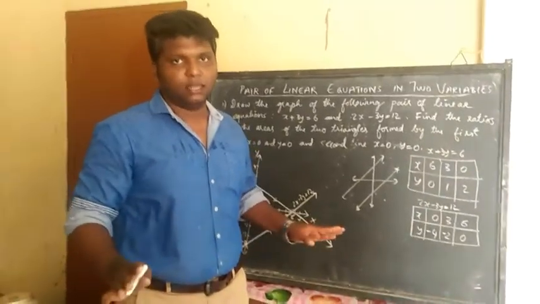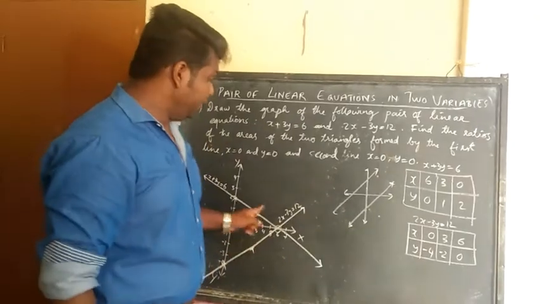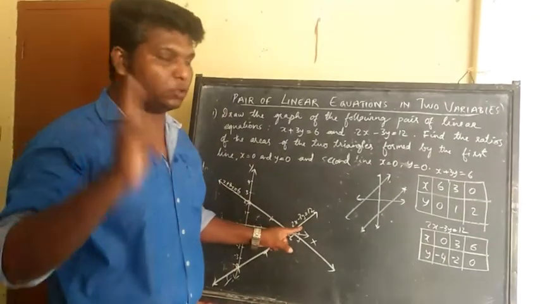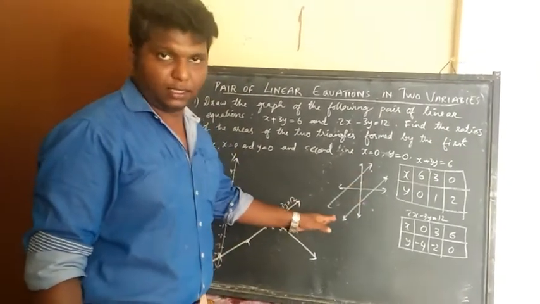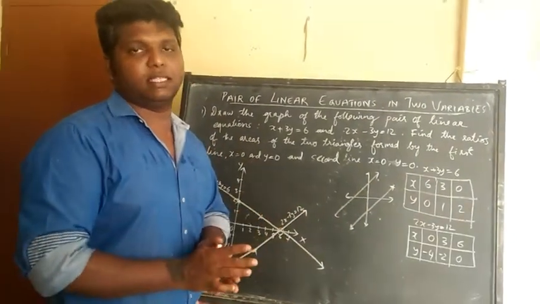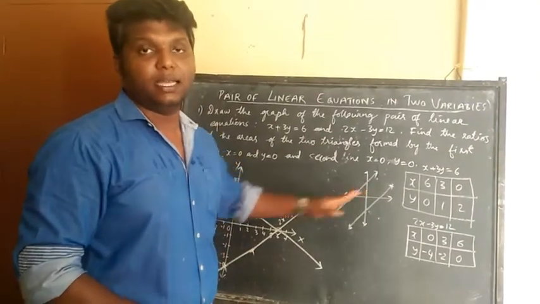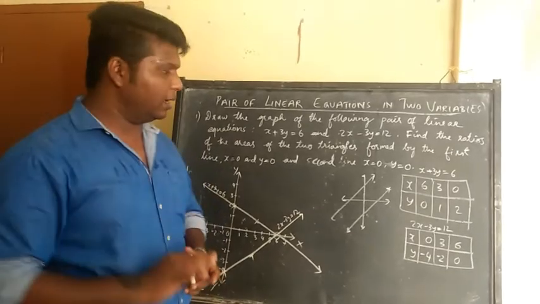That means they are having no solution. Clear? So if they are intersecting together, you will say there is only a unique solution, that means one solution. If the graphs are parallel to one another, then that particular system of equations is inconsistent and they have no solution.